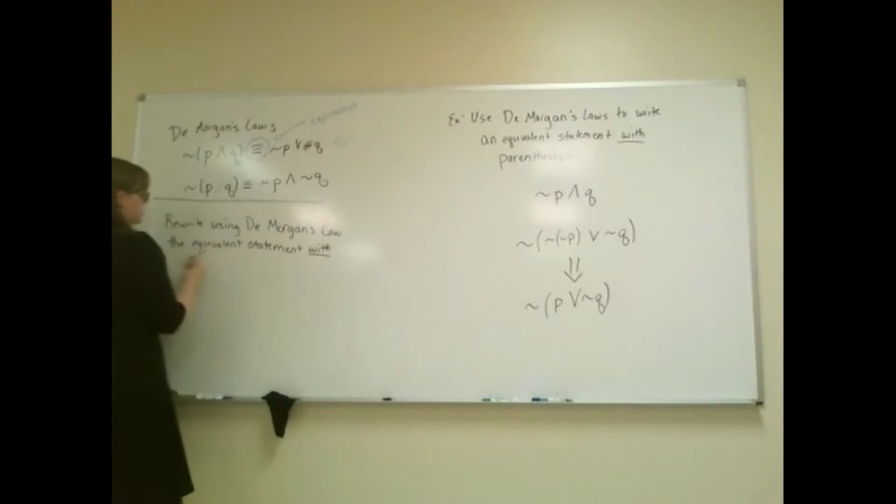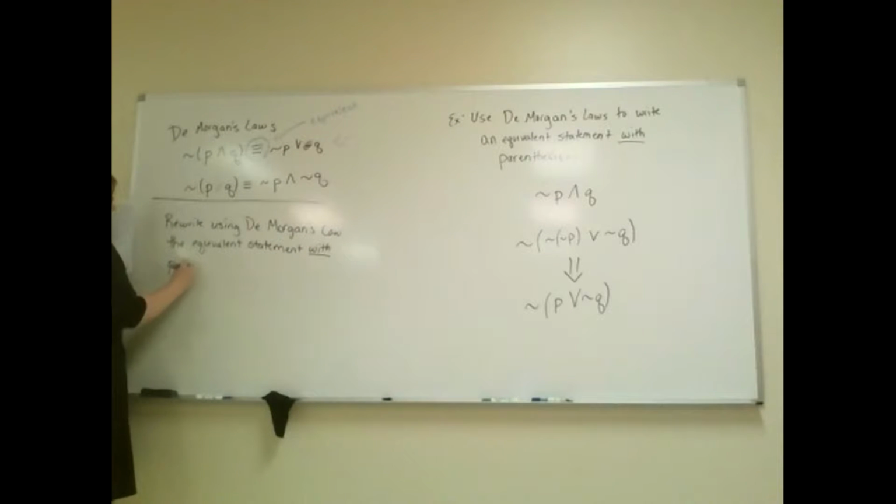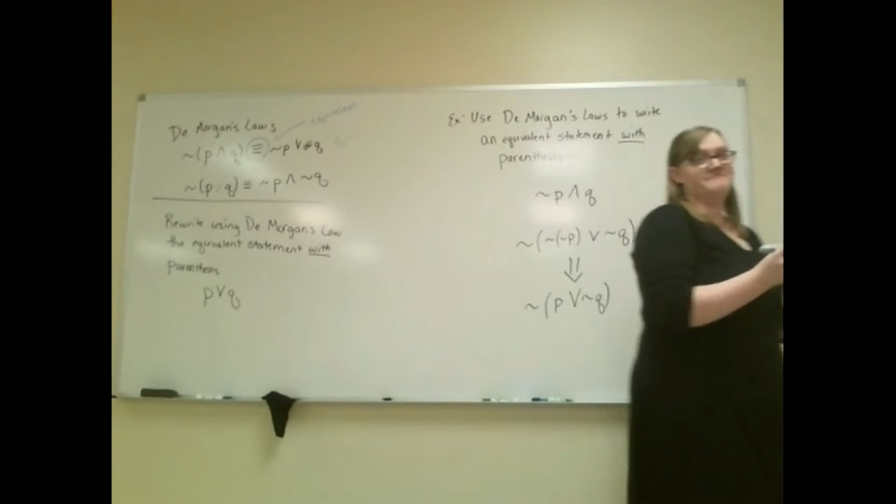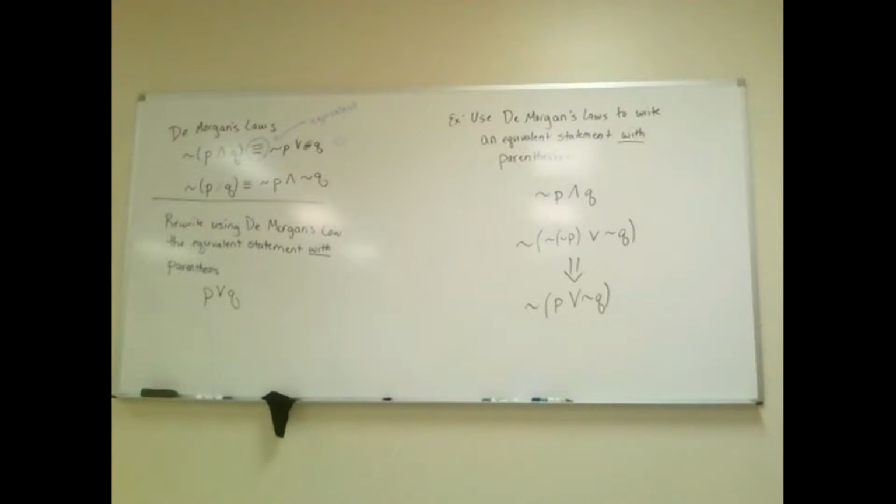So it's the same thing we just did. And the statement I want you to rewrite is P or Q. Sit back there so you can see this progression if you need it.